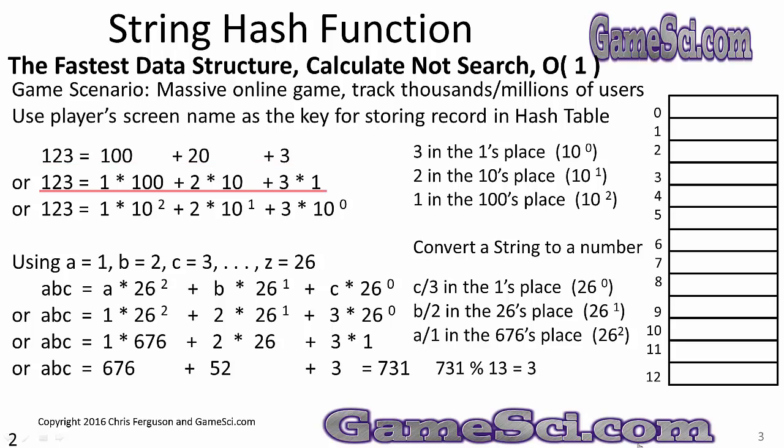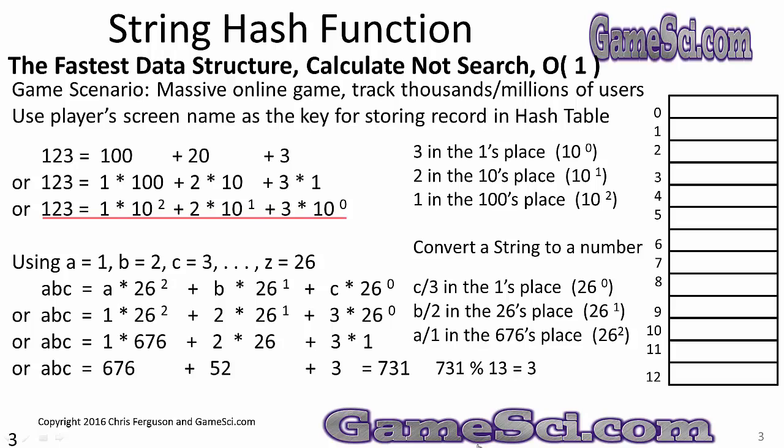Another way to look at 123 is it's equal to 1 times 100 plus 2 times 10 plus 3 times 1. Remember what your third grade teacher told you. 3 is in the ones place, 2 is in the tens place, and 1 is in the hundreds place.